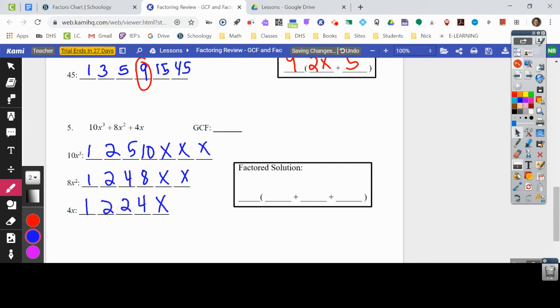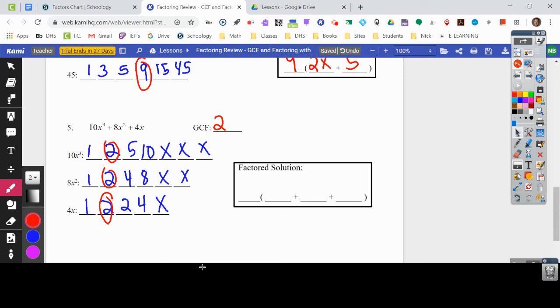So I listed out all my factors, and now I have to find the greatest common factor of my numbers and of my letters if I have it. These two have a 4, but that doesn't have a 4. Now, they all have this 2 in common, so I know my GCF is going to be at least a 2.